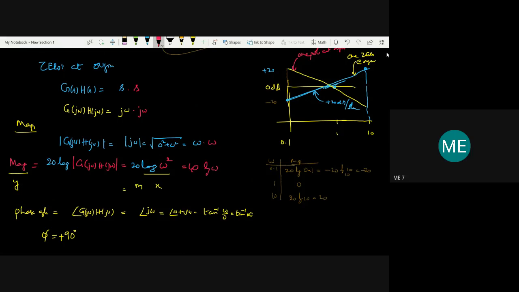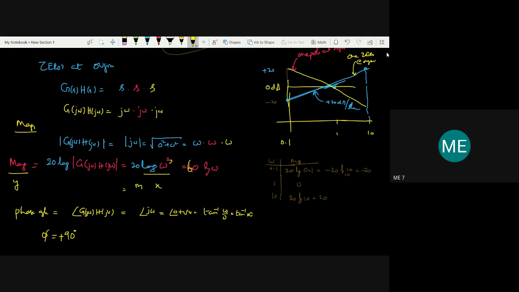So for one zero at origin, the slope of the line is plus 20 dB. If two are there, the slope will become plus 40. If three are there, I take one more S here, so it becomes omega cube, and 3 into 20 becomes 60.